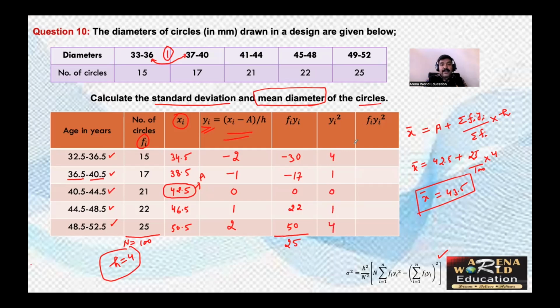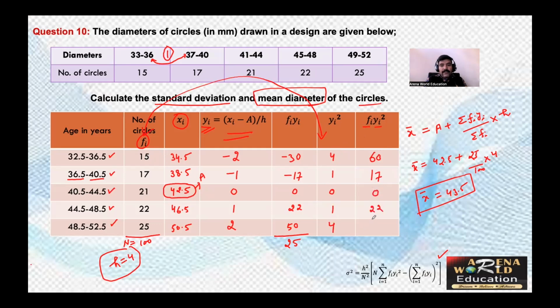What is the next step? Fi into Yi square. It means we will multiply each Fi with Yi square, right? So 15 into 4 is 60. 17 into 1 is simply 17. 21 into 0 is 0. 22 into 1 will be 22.